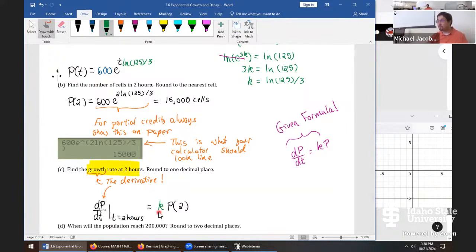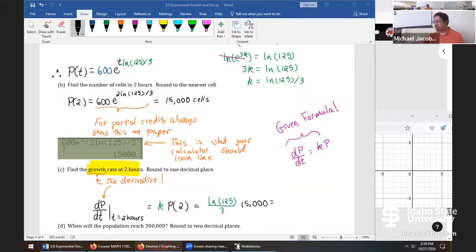Doing some substitutions. First, we can have k undone here by putting in that value, natural log 125/3. Then multiply that whole answer by population size at time 2, which was just 1,500. So let's write this all out and get, let's see, there's lots of calculators to choose from.